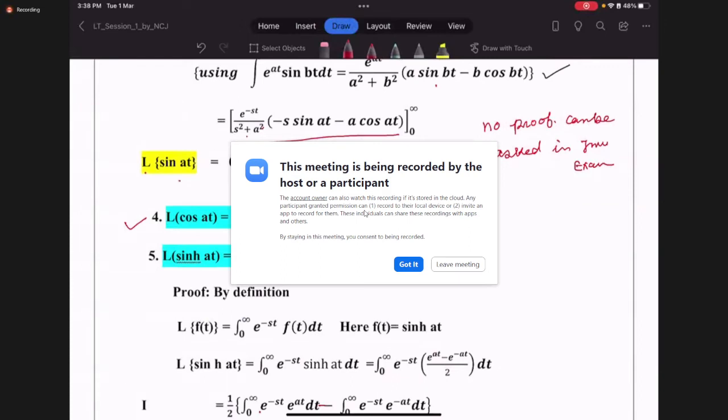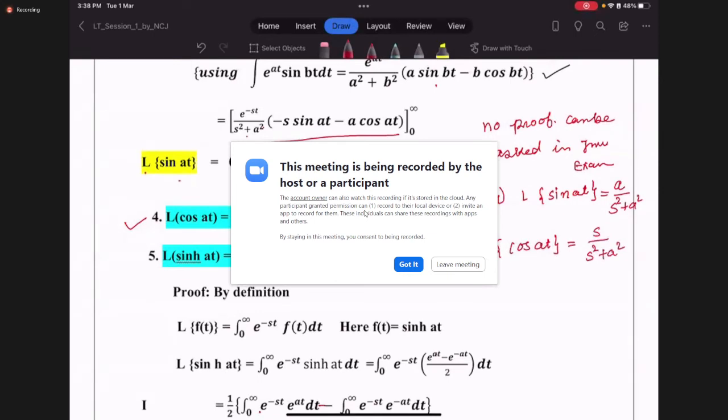s upon s square plus a square. Okay, see, now you have to remember this formula. What will be my fourth formula? Laplace of sin at. What was it? a upon s square plus a square. Laplace of cos at: s upon s square plus a square.